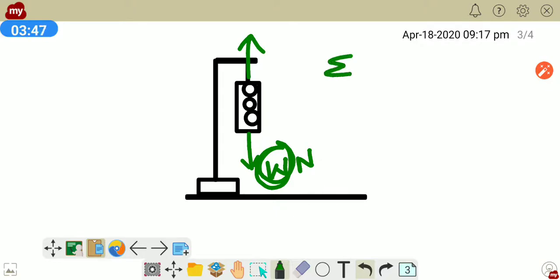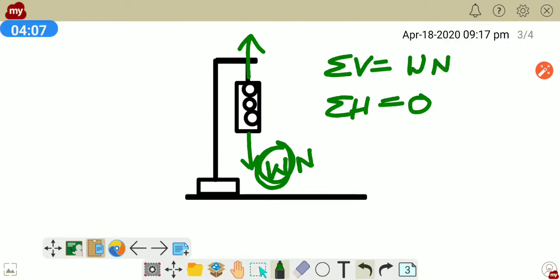Let us calculate the vertical forces and horizontal forces. Can you see any horizontal force in the picture? There is no horizontal force, it is 0. And let us go for vertical forces. Is there any vertical force acting towards down? Yes, that is W newtons. Let us not mention the units. W is the force which is acting vertically downwards.